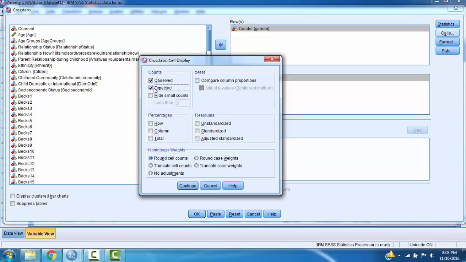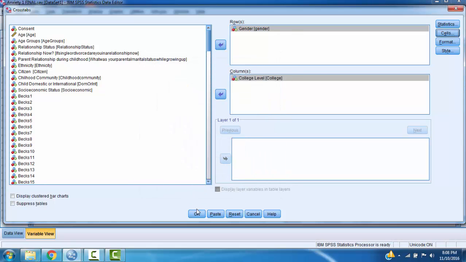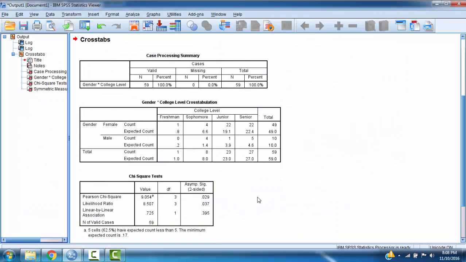All right, this allows you to see. Observed gives you what you actually found. Expected tells you what, based on statistical analyses, we would expect to have in that row or column. You hit continue, then you hit OK, and you get this printout.